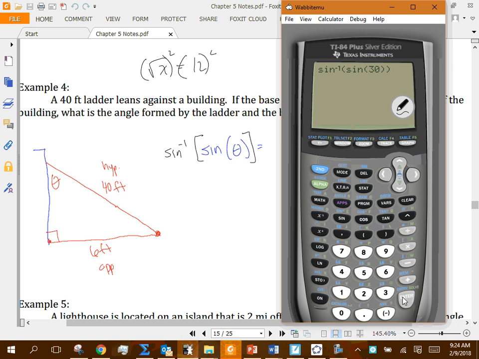What do you think I'm going to get back? 30 degrees. Okay. If I tried 80 degrees, what do you think I'm going to get back? 80. If I tried, let's see what negative 80 looks like. What do I get back? Negative 80, right?